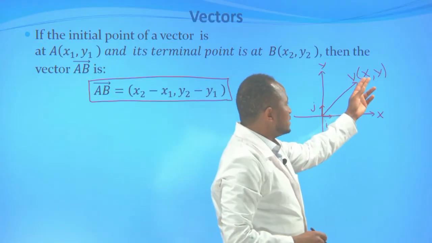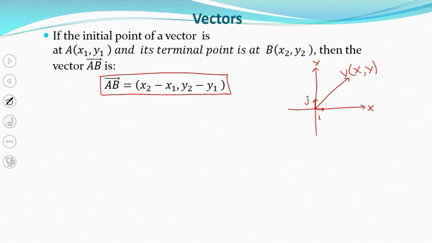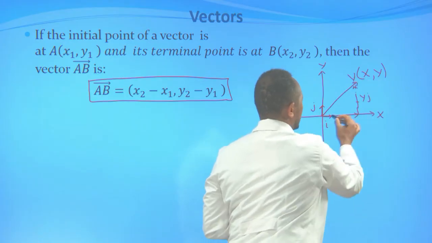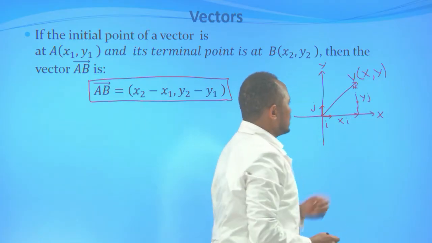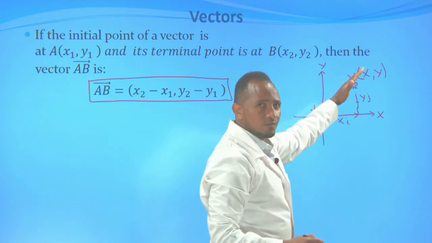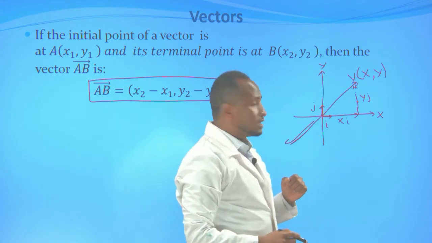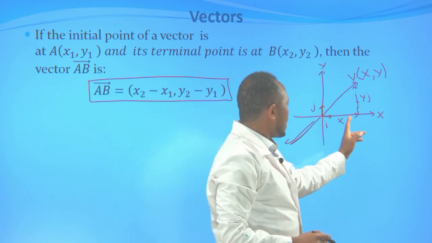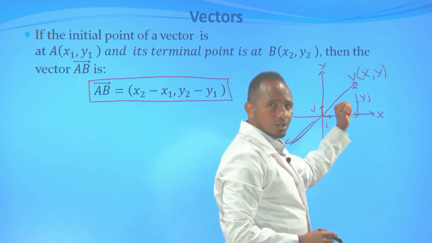To write this in unit vector representation form, look at this triangle. This distance is x, and this is y. Let's take this vector xi, and this vector yj. Therefore, our vector v is the resultant vector. It is the sum of xi and yj.